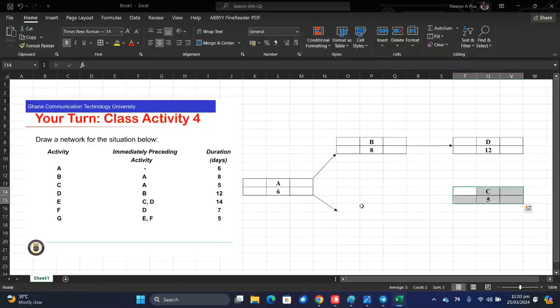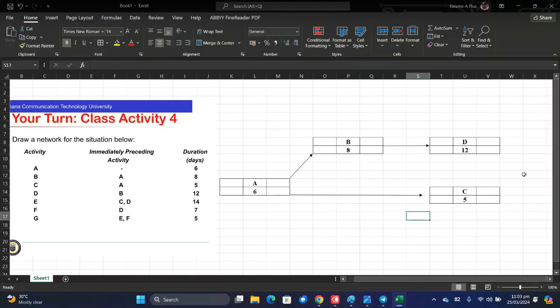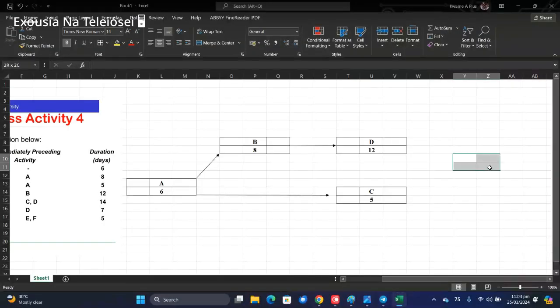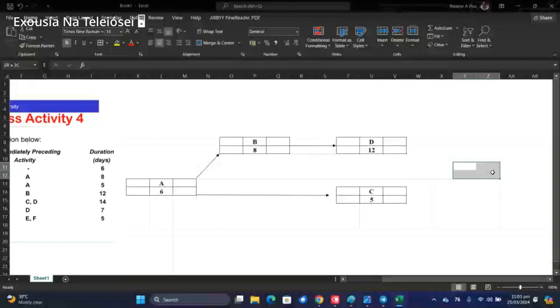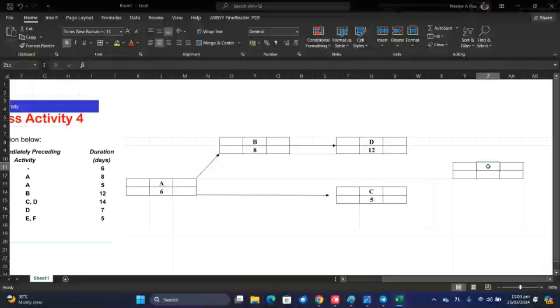Let me bring this one right here and push this particular one. This is E. E has 14.